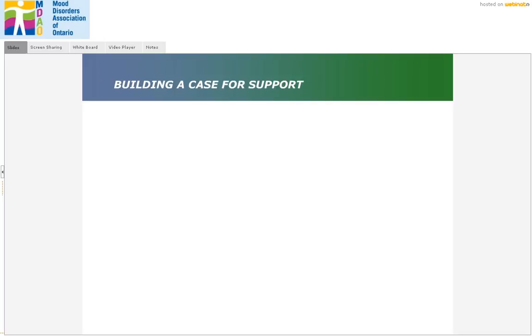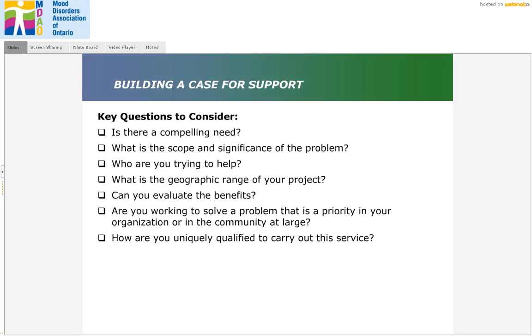So the key questions to consider when you're writing up a formal proposal are: is there a compelling need? What is the scope and significance of the problem that you are trying to address? Who are you trying to help? What is the geographic range of the project? Where will it take place? Can you evaluate the benefits?